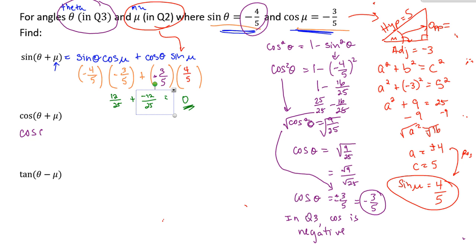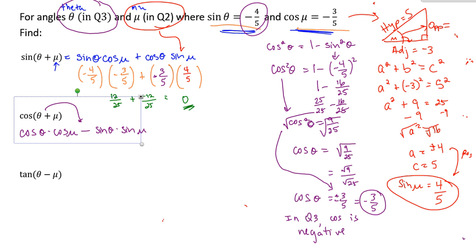So cosine of theta times cosine of mu minus, because cosine's a weirdo, the sine of theta times the sine of mu, which is cosine of theta was negative 3/5 times cosine of mu, which was negative 3/5, minus sine of theta, negative 4/5, times the sine of mu, which was 4/5.